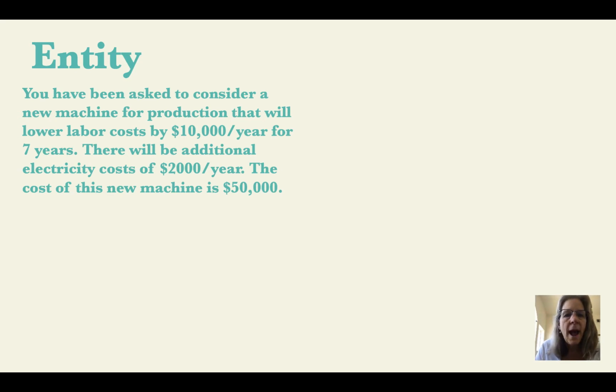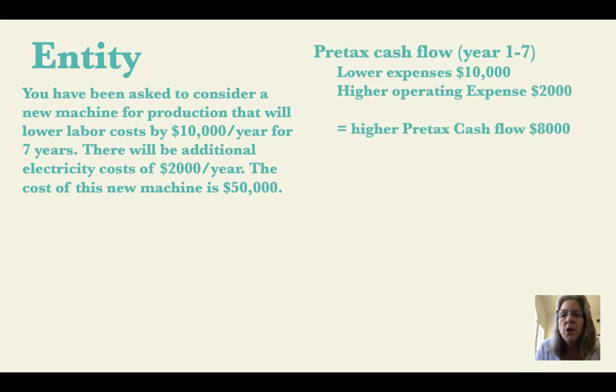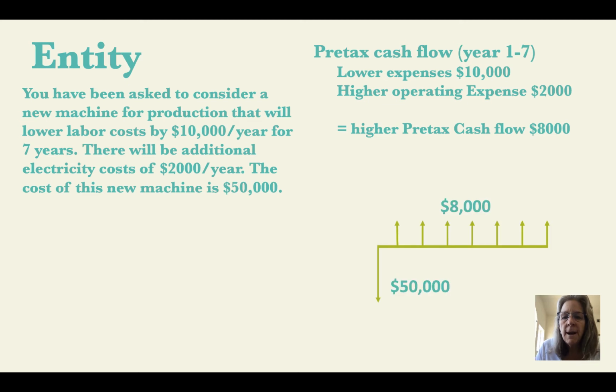For years 1 through 7, we have lower expenses of $10,000 but higher operating expense of $2,000, so the pre-tax cash flow will increase by $8,000. And we have the $50,000 one-time investment. So the cash flow will look like this, and then we can do analysis to understand the comparable value of this.